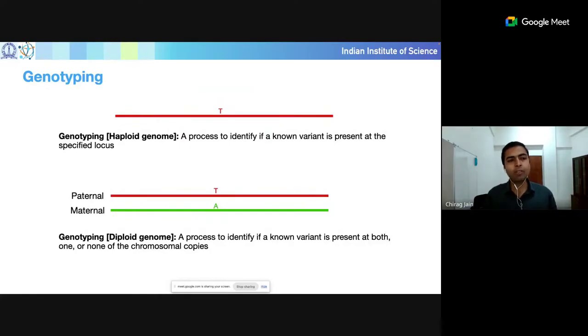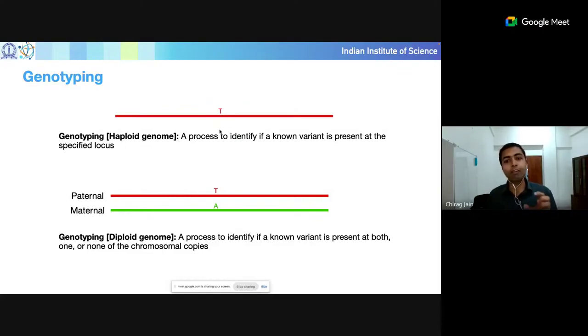Just as a background, let me quickly remind you what genotyping means. Suppose your target genome is haploid, that is, the ploidy is equal to 1. Then genotyping is simply the process of identifying if a known variant is present at a specified locus. For example, a known variant would be a SNP, insertion, deletion, or a large structural variation.